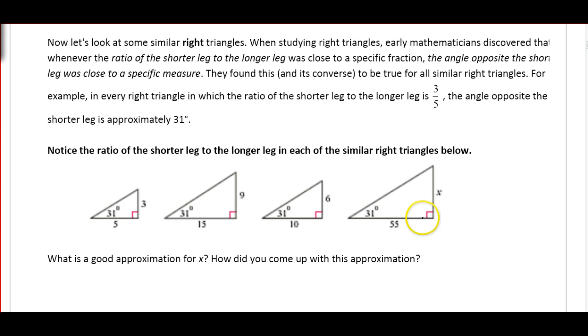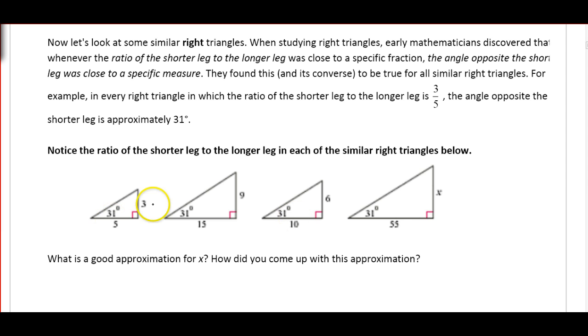So I have these similar right triangles, and notice that all of these angles are 31 here. And if we look at the ratio of the longer leg to the shorter leg, for this triangle it's 3 to 5. For this triangle it's 9 to 15, which reduces to 3 to 5. For this one it's 3 to 5.